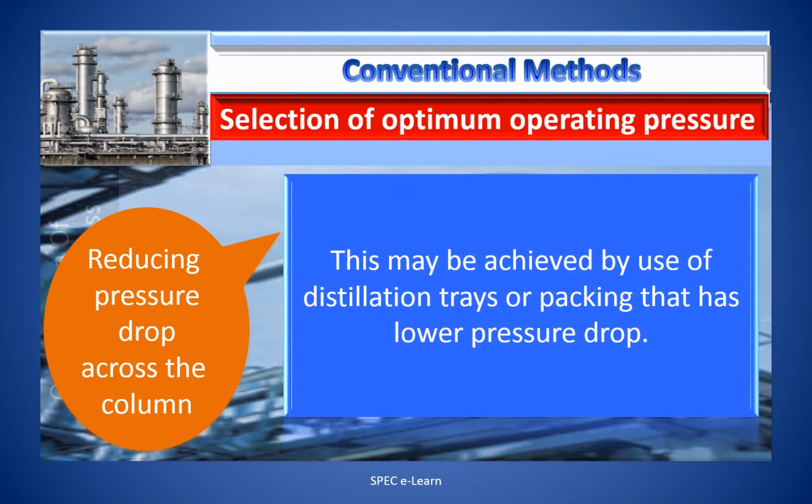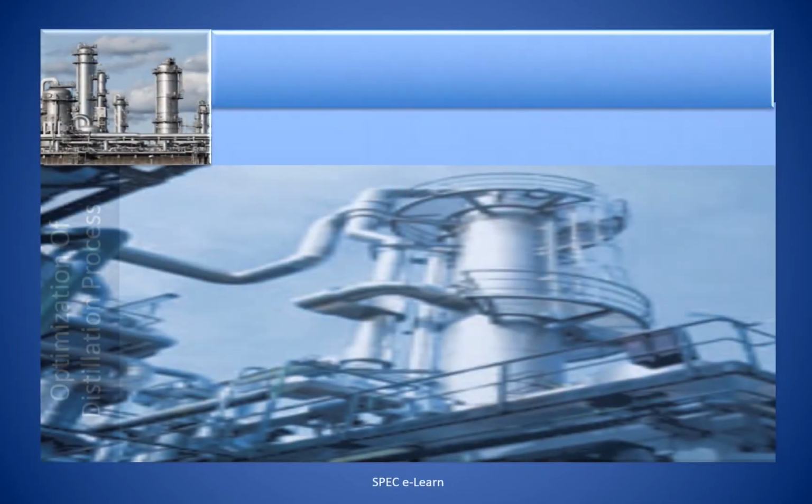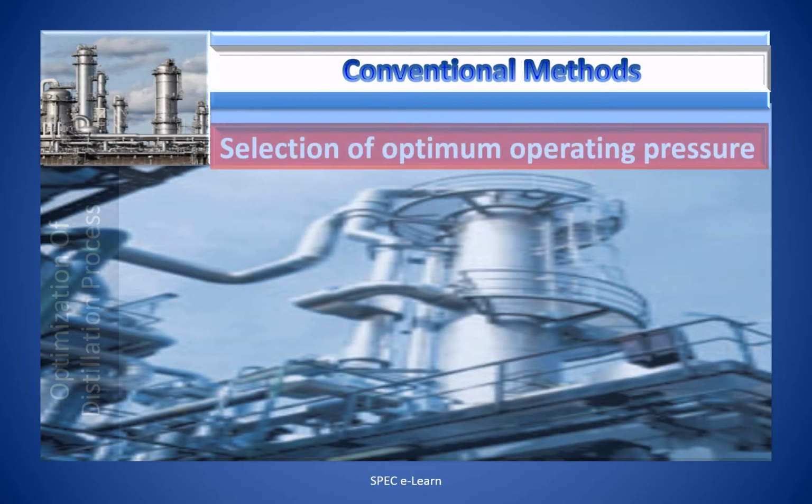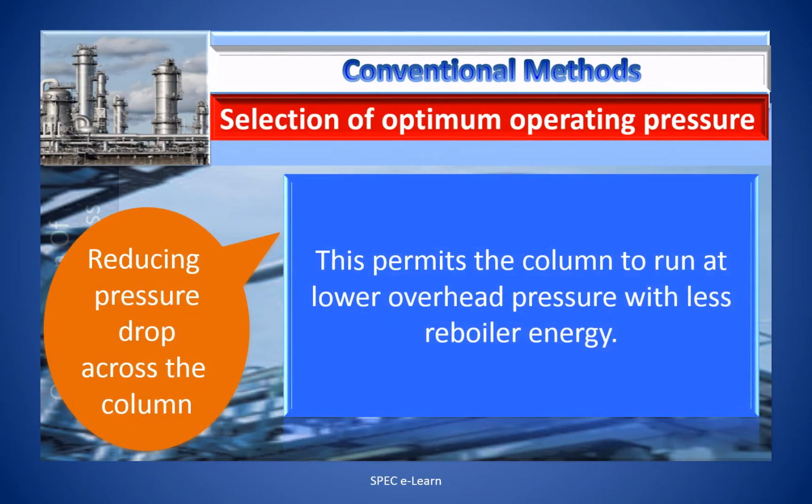This may be achieved by use of distillation trays or packing that has lower pressure drop. This permits the column to run at a lower overhead pressure with less reboiler energy.